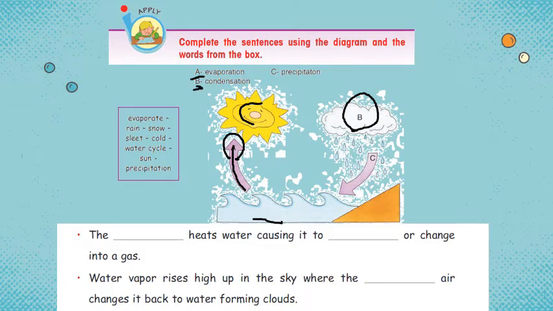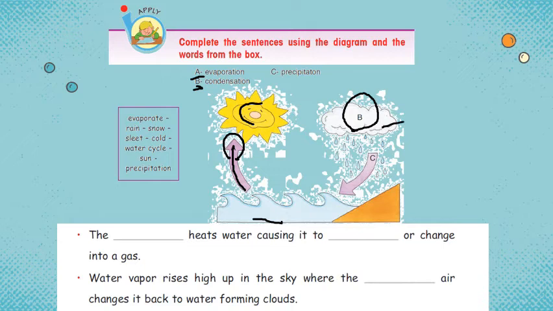So the first stage was evaporation, where water changed to gas. After evaporation, condensation, where the water vapor changed with the help of the cold air to water droplets forming clouds.